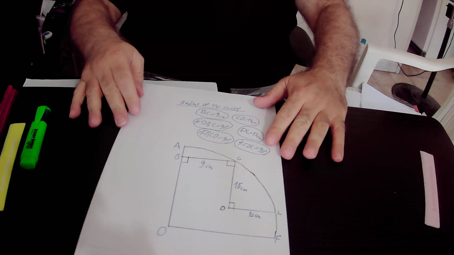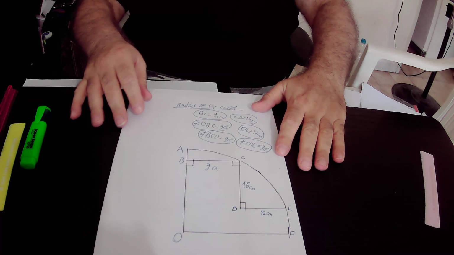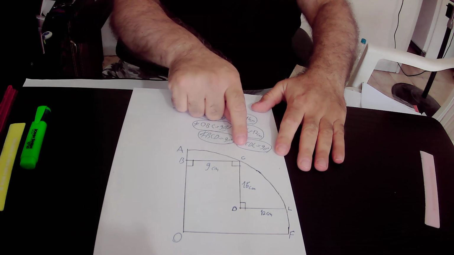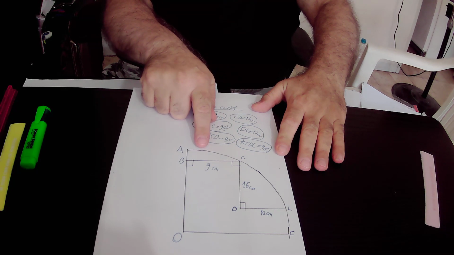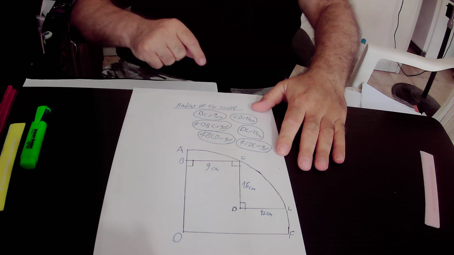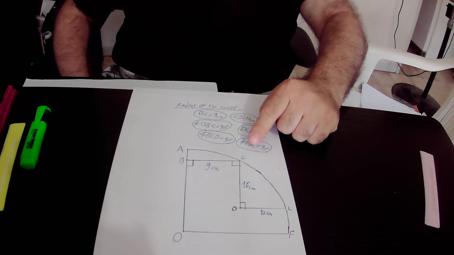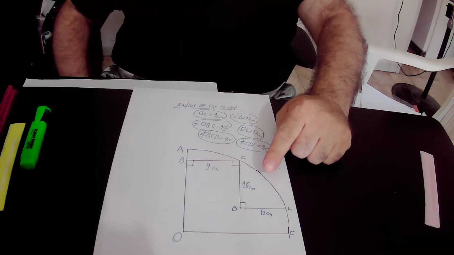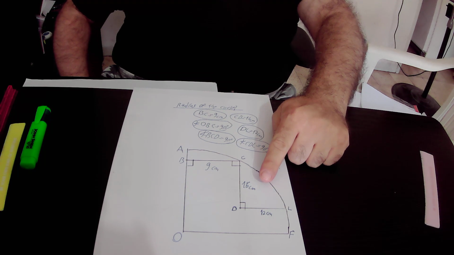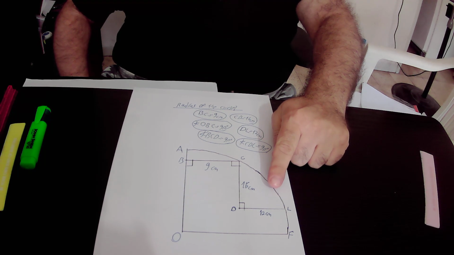In the drawing, we have a quarter circle. Line segment BC equals 9 centimeters. Line segment CD equals 16 centimeters. And line segment DL equals 12 centimeters.